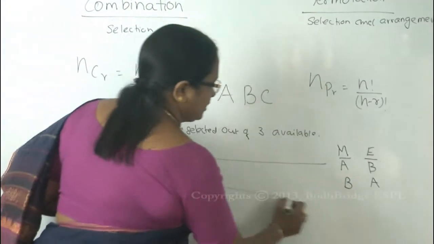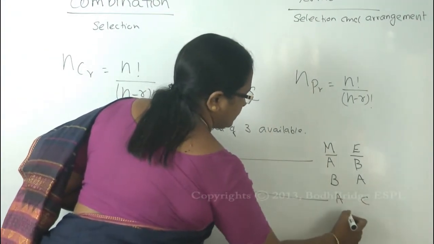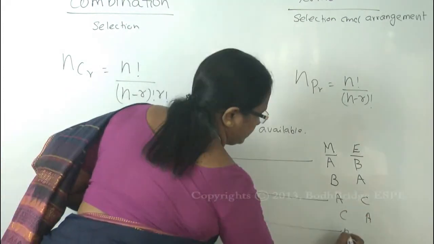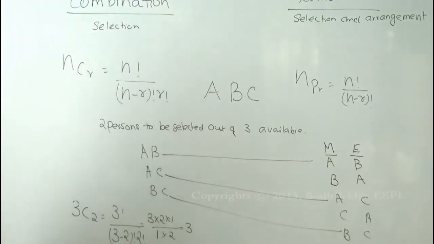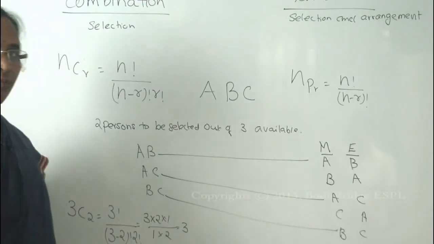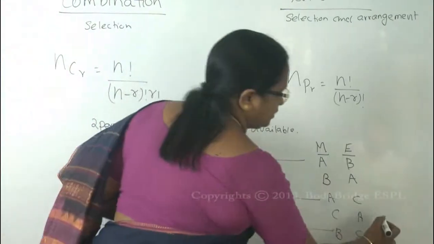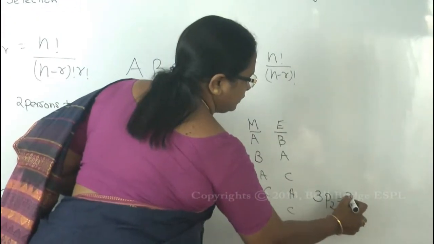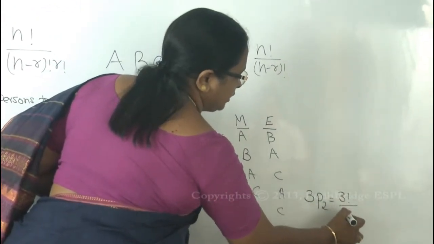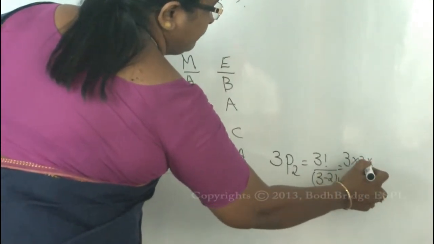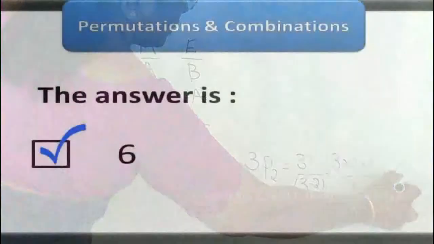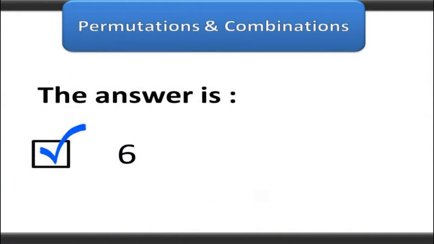Similarly, AC can be written as CA, and BC can be written as CB. So totally you have 6 ways. Using the formula, this is 3P2, which is 3 factorial divided by (3 minus 2) factorial, which is 3 into 2 into 1 divided by 1, that is 6. So 6 ways are possible to arrange this.